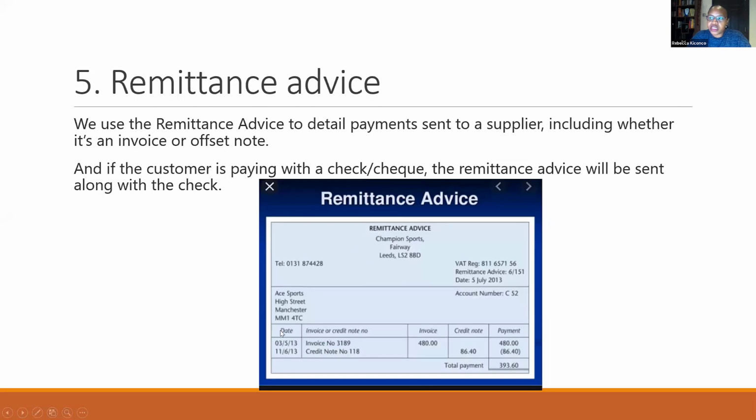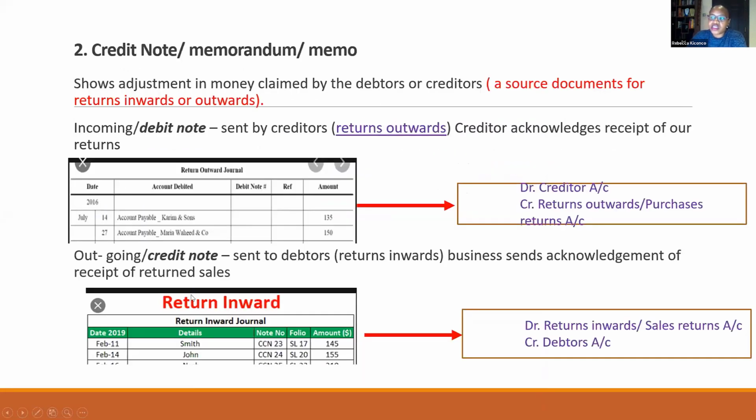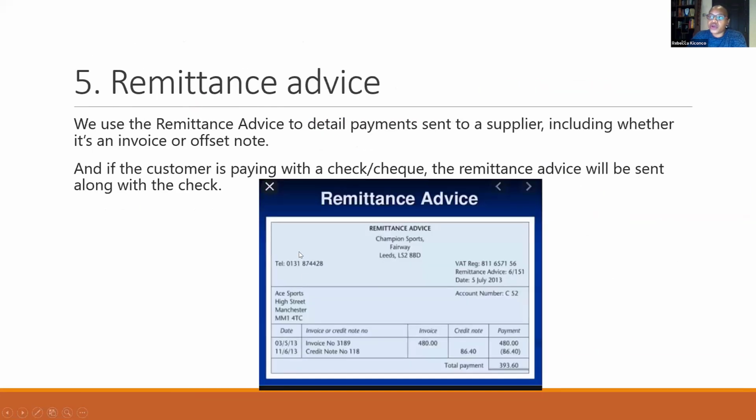Remember, a credit note is for returns inwards. A credit note is for returns inwards. So Champion Sports Fairway is telling you that they returned goods to you with a credit note number 118. And therefore, they're going to pay you 480 minus those goods that they returned, valued at 86.40.